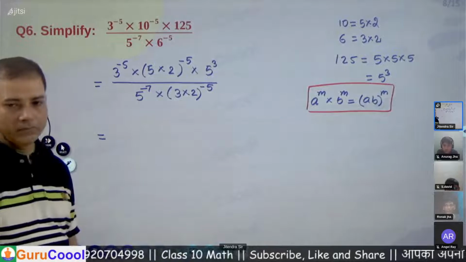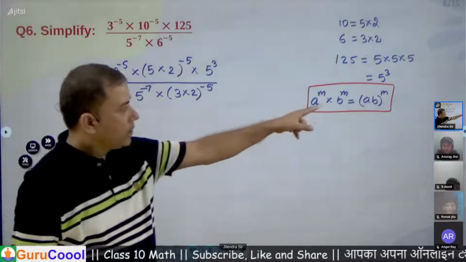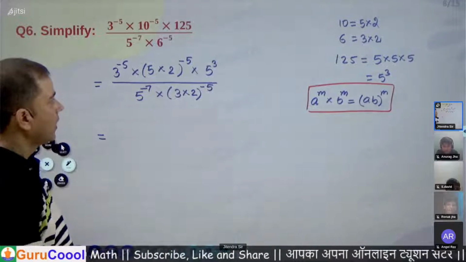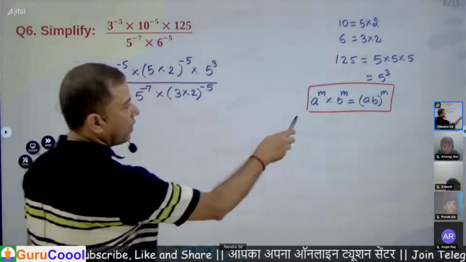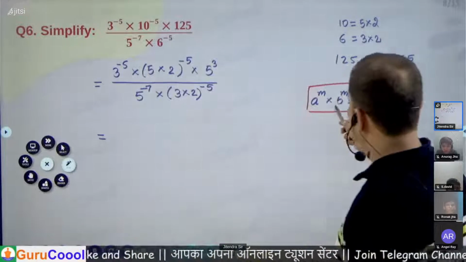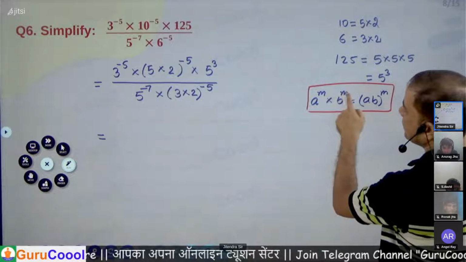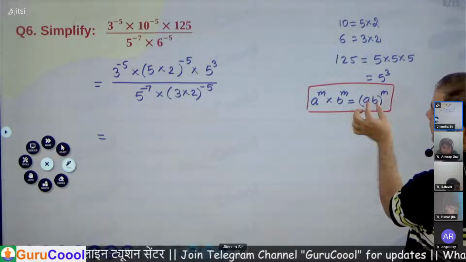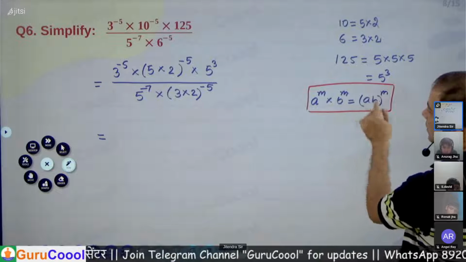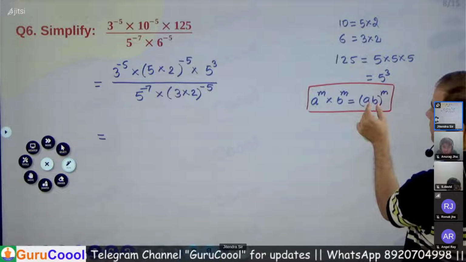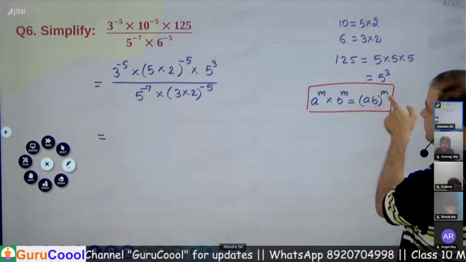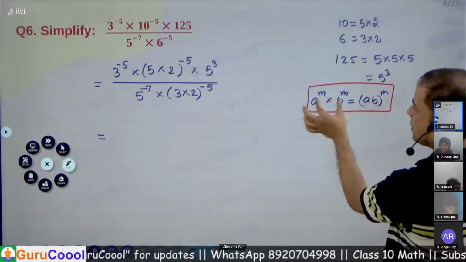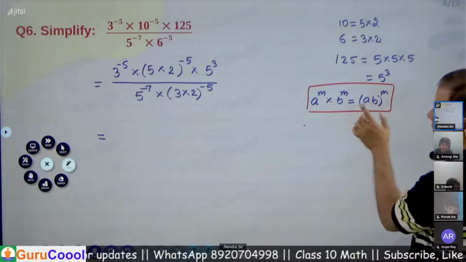Yes, sir, I know. We are using this rule here. 5 into 2. What does this say? This says if they have the same powers, you can write it in multiplication in the same bracket, a and b multiplied together with the same power m. You can write separately or you can write together.